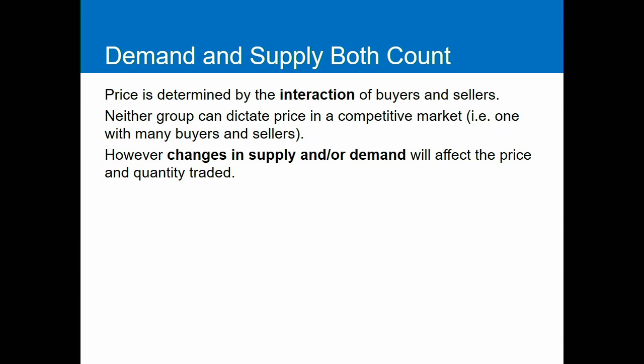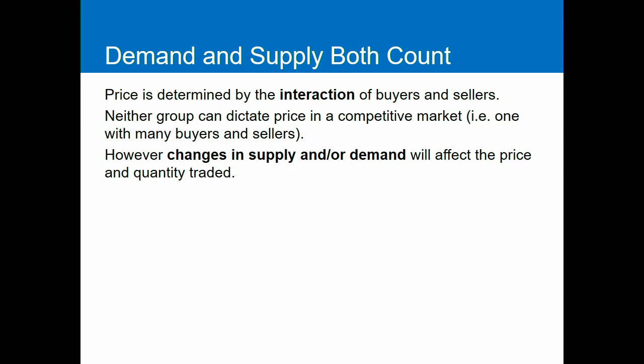So when we're talking about the equilibrium, the price is determined by the interaction of buyers and sellers. So it's not just demand or just supply, but both of those at the same time. In a competitive market, where there's a bunch of buyers and a bunch of sellers, which generally characterizes most markets, neither group can just dictate the price.